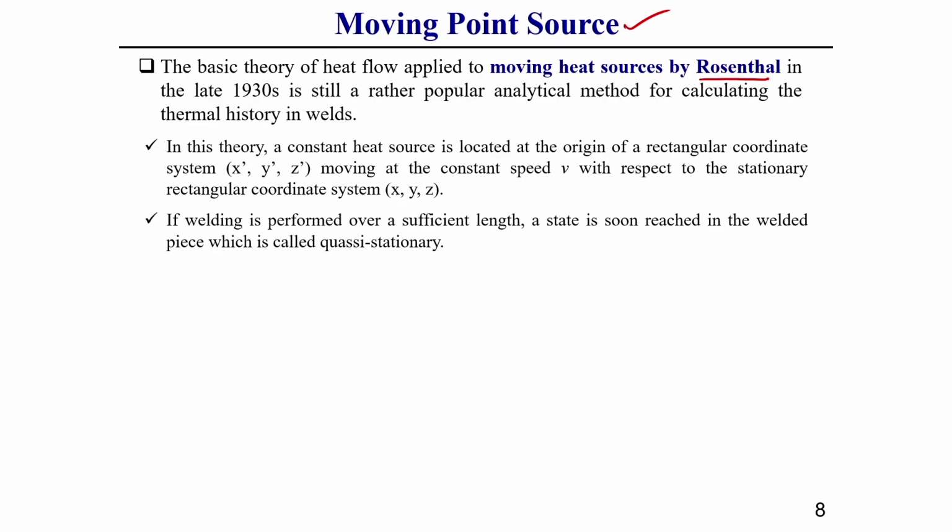This moving heat source was introduced by a very popular scientist, Rosenthal. This is an analytical solution of the governing equation, which is popularly used in welding thermal history prediction.